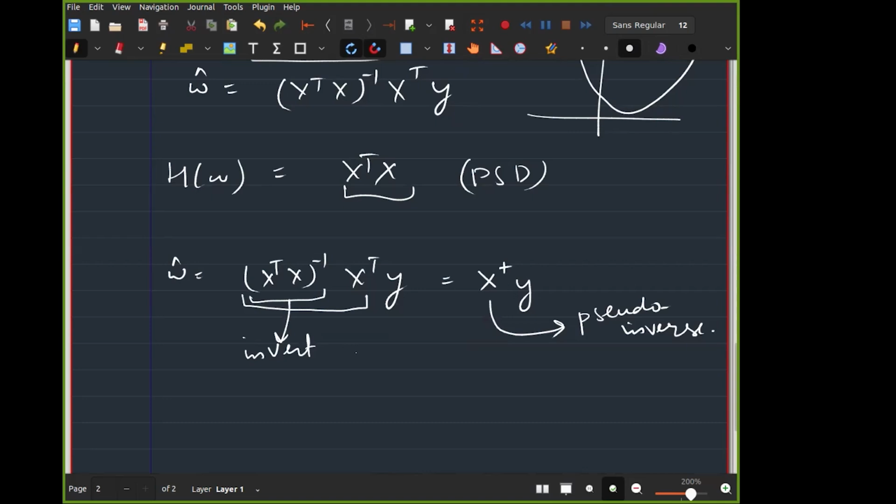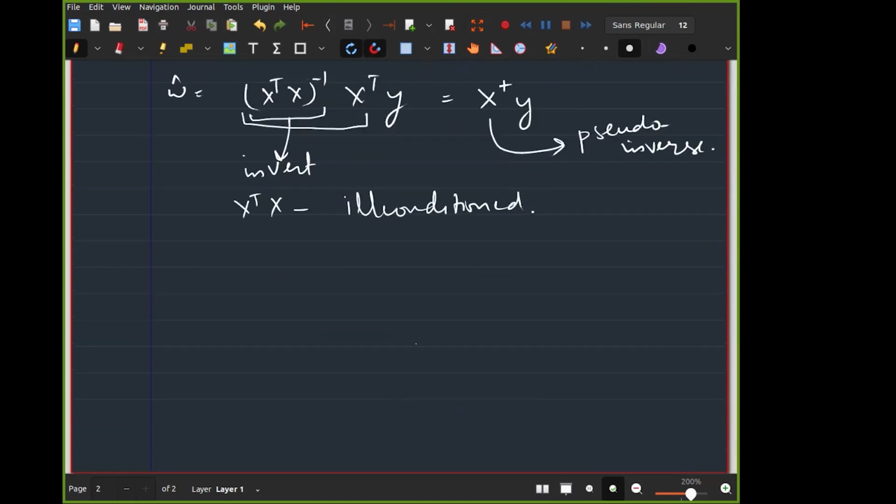And actually, it could be problematic because it can happen that my X transpose X is ill conditioned. And what it means is that its inverse is numerically unstable, or it's not possible to find, right? But basically, it is possible to do it via the linear algebra path.